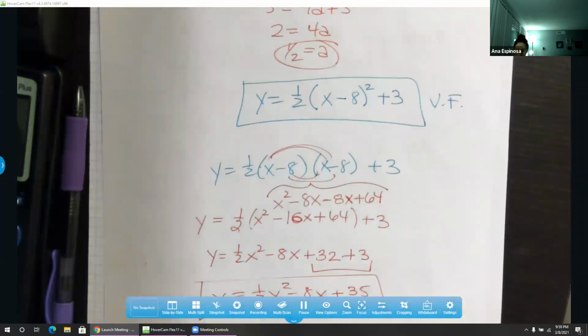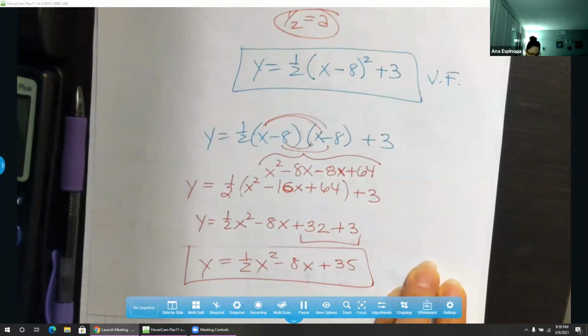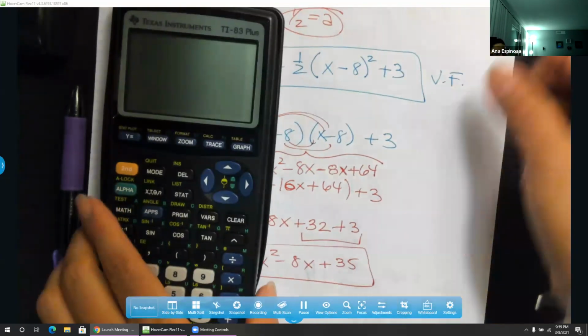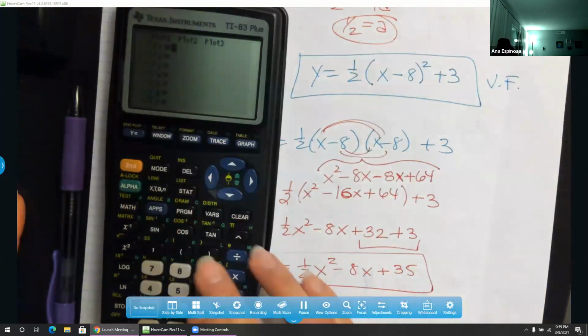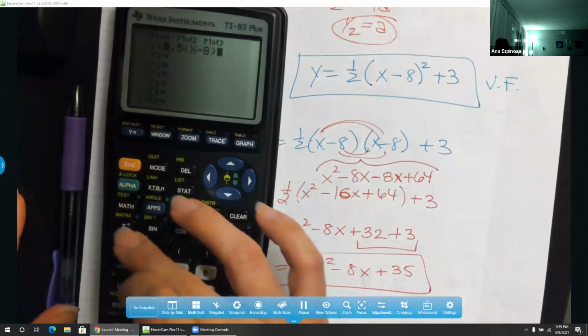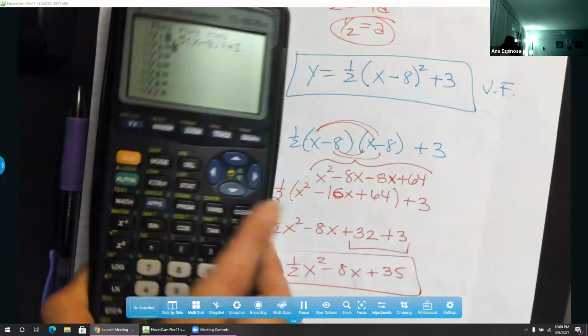So in order to check, let's say you're on your homework or you're on the test, if you wanted to check if these two are the same, you would actually plug in those two equations in here. Y equals, I'm going to plug in 0.5 left parentheses x minus 8 squared plus 3.